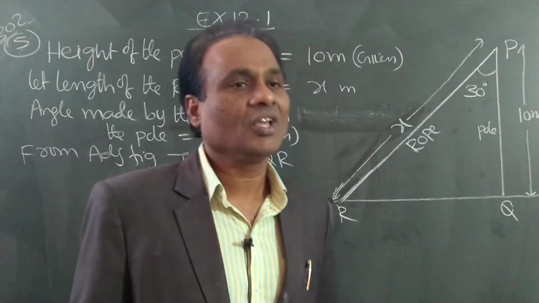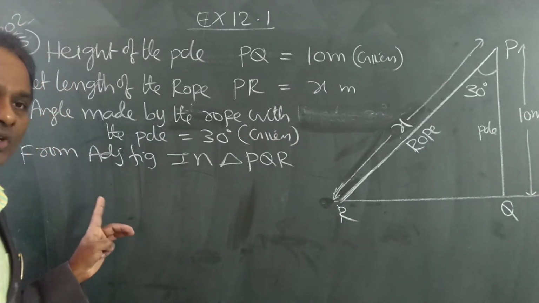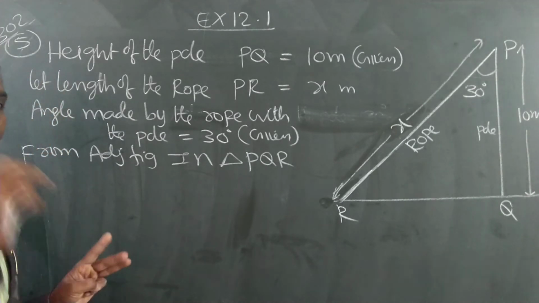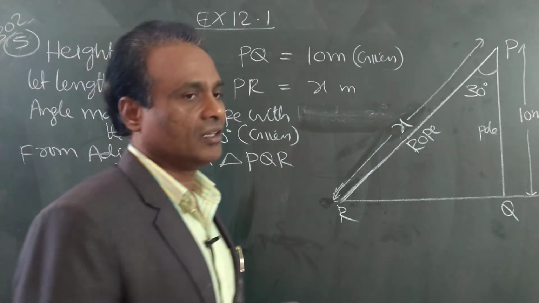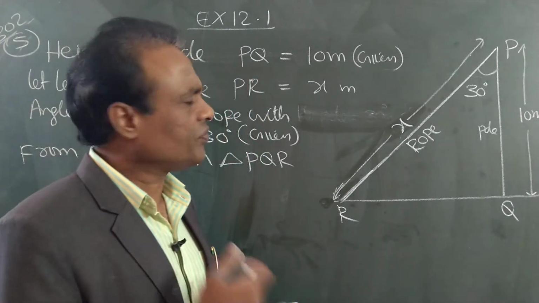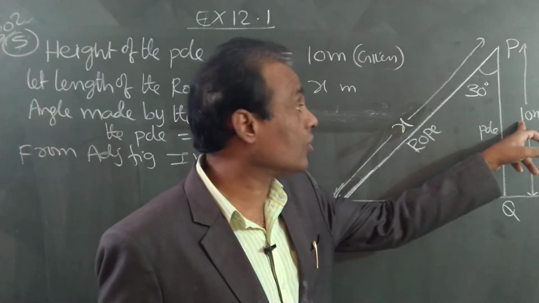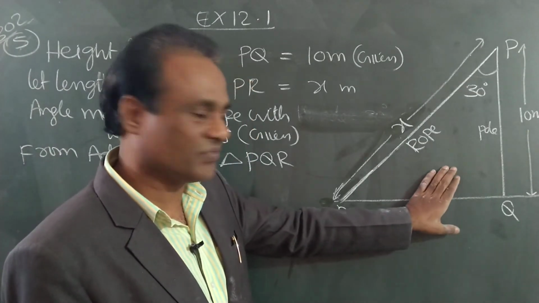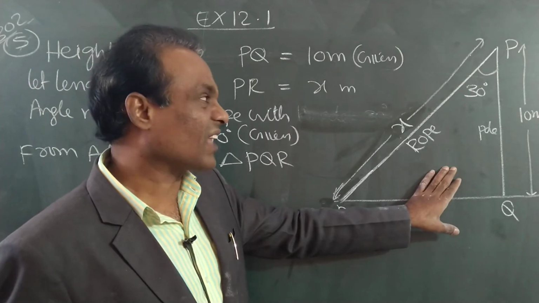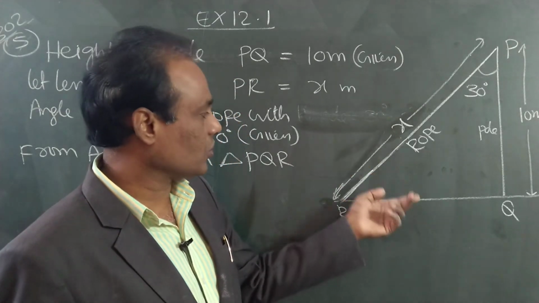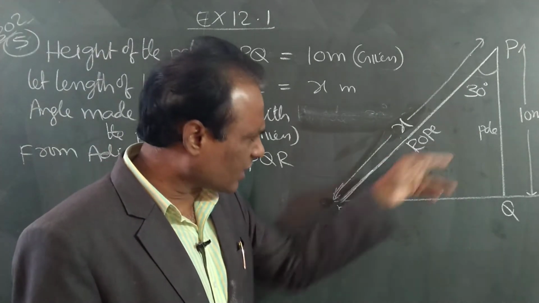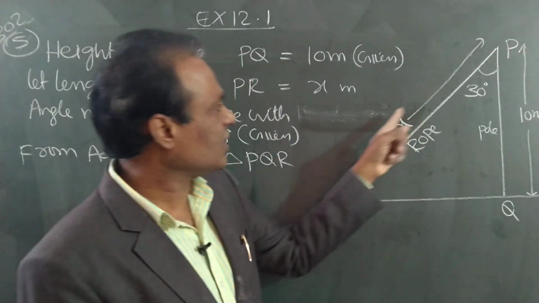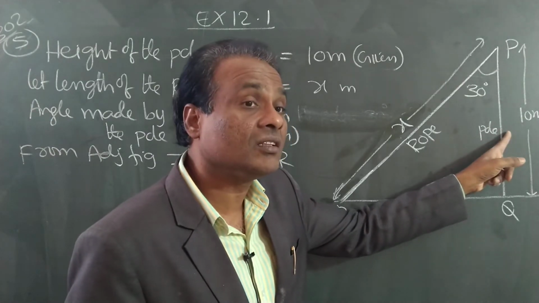So which ratio do we have to take now? You tell me. Should we take sine, cos or tan? Suppose I take tan. In most of the problems we take tan. Tan is opposite by adjacent. Adjacent is not given and it is not required. So no. Cos. Cos is adjacent by hypotenuse. Adjacent is not required at all. What is the problem? This is given. This is asked. What is the name of this side?